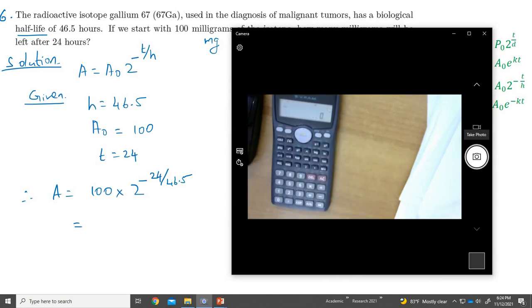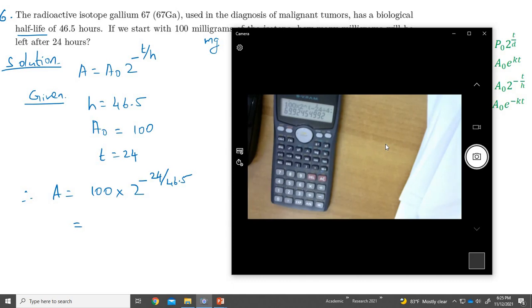Yes, here it is 100 multiplication 2 power, open bracket. See, here it is 2 power, so I put a cap. If it is exponential, I will not put a cap. That you want to remember. Minus 24 divided by 46.5, close bracket, equal to.